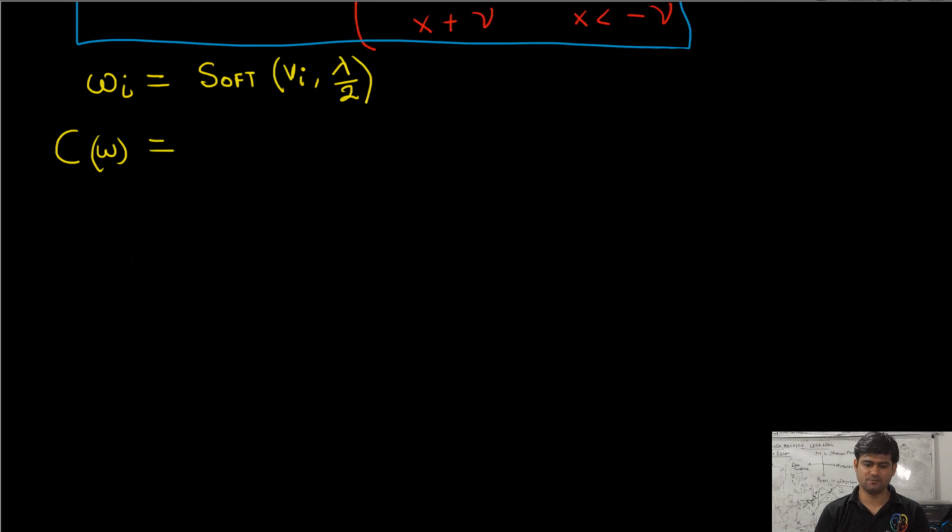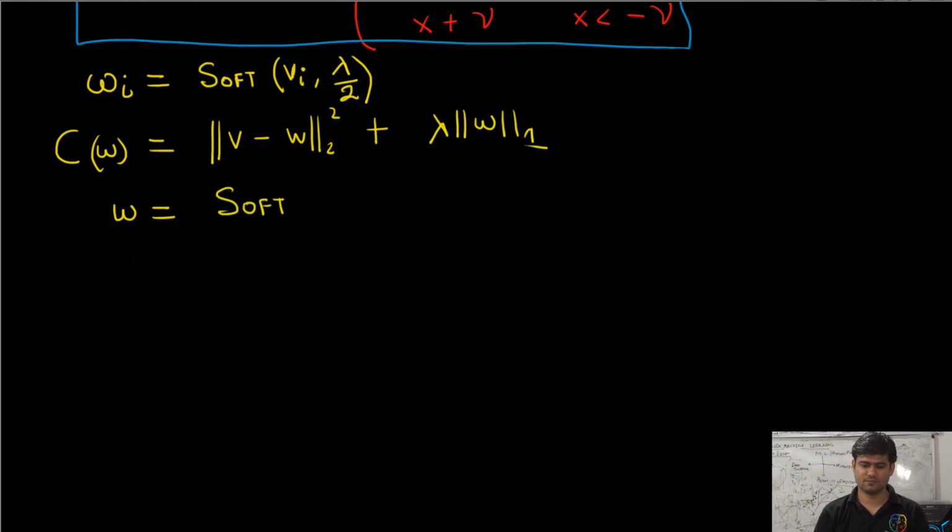So summarizing everything, we get the solution of this function C of W, which is equal to the L2 norm squared of V minus W, where V is some vector, plus lambda times the L1 norm of W. The minimizer is given by the vector W equal to the soft threshold function of V, where V is a vector, comma lambda by 2.